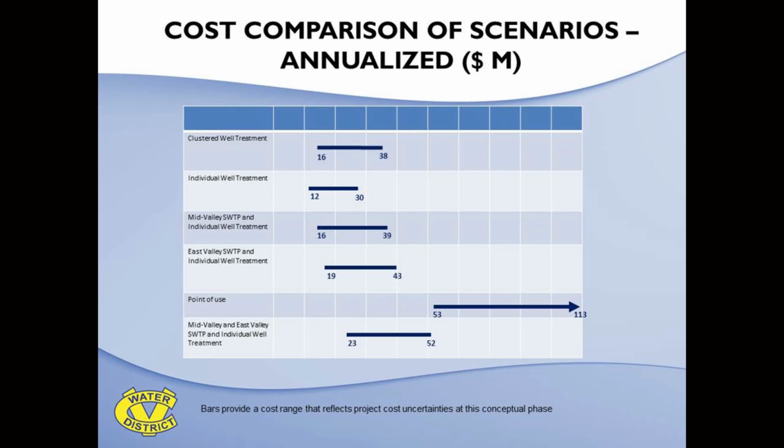And that's one of the reasons why we've taken point of use off the table as a potential solution here, for several reasons. One is the state of California doesn't allow it for large water systems yet, so we would have to get some new legislation to make it work.